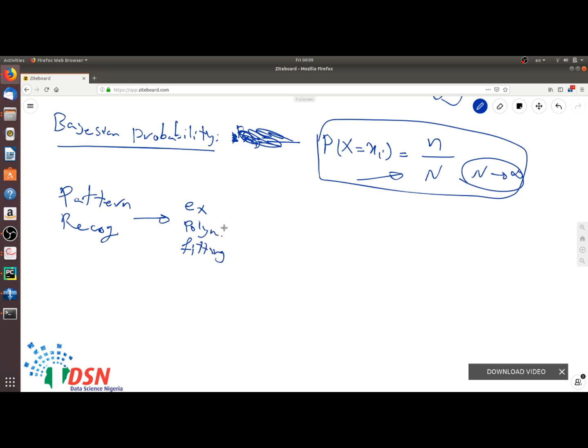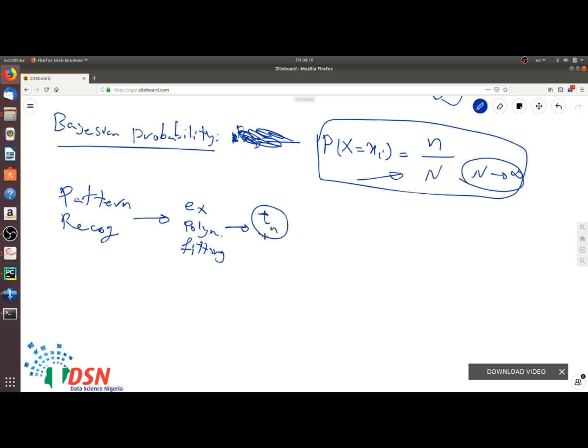In that case, maybe you think that the random variables are the data, because we don't know the true distribution of the data, and the data is coming from a distribution that we don't know about, so the random variables are the data.